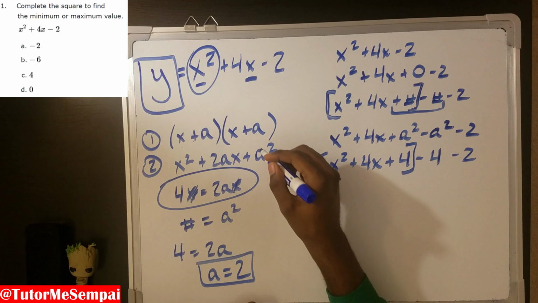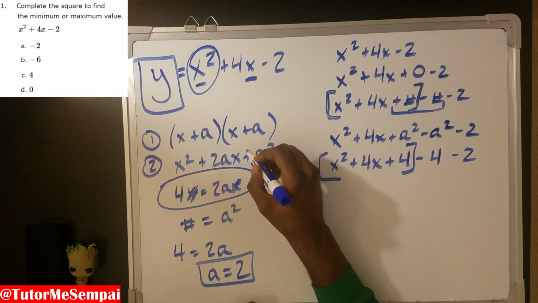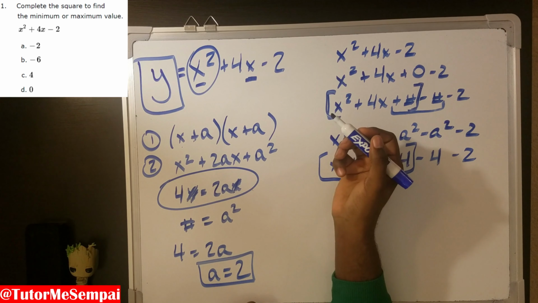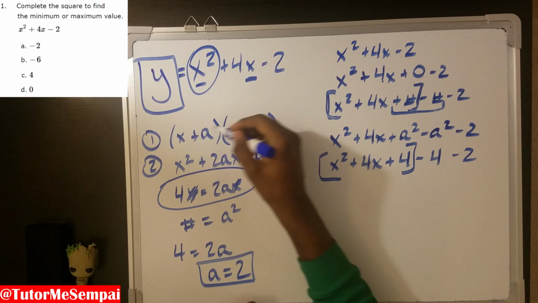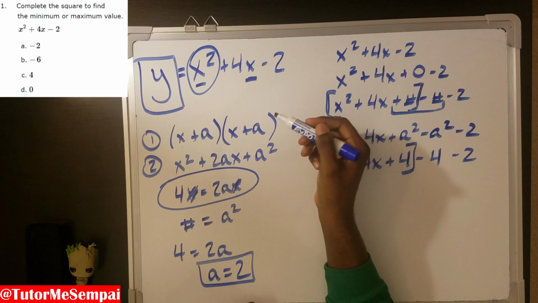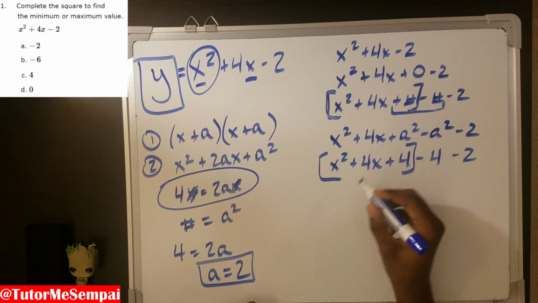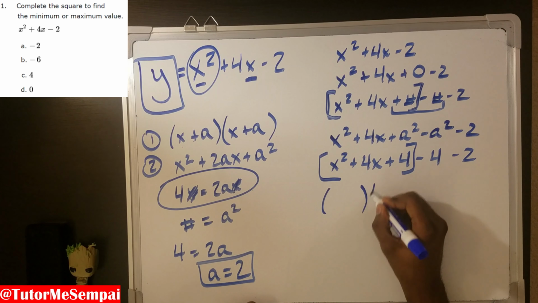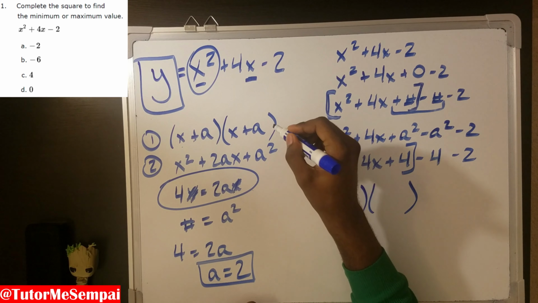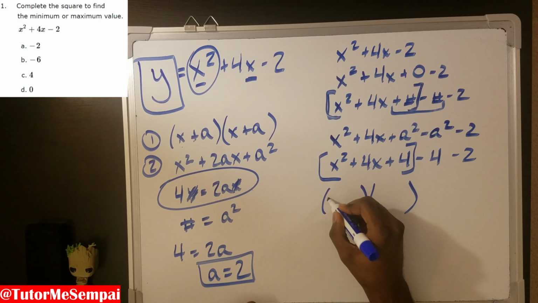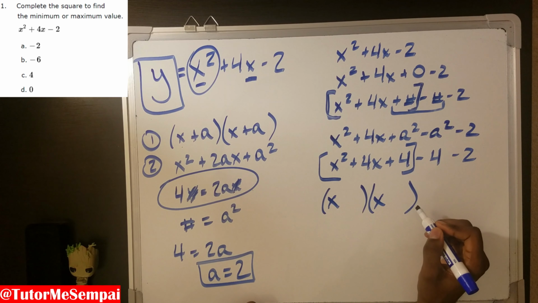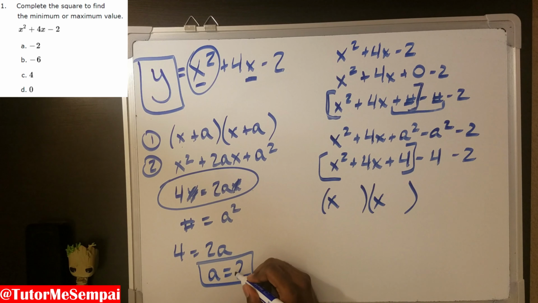Well, what do we know about this? This is a square. Because we got it directly from foiling a square, we know that we can go back to this. Therefore, we can rewrite this in the form of this square in our step 1. x in both have the same sign. This is a positive 2.